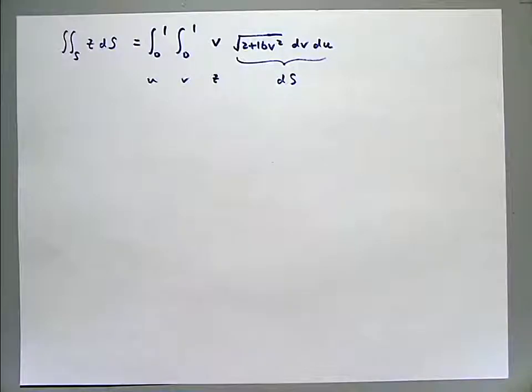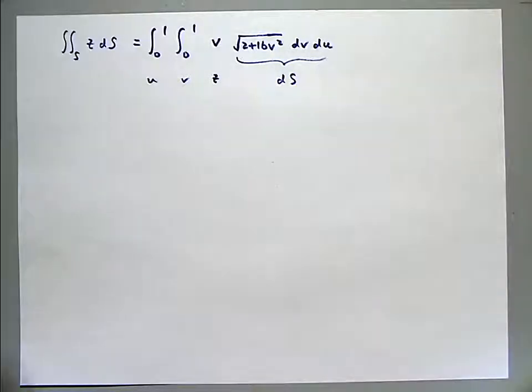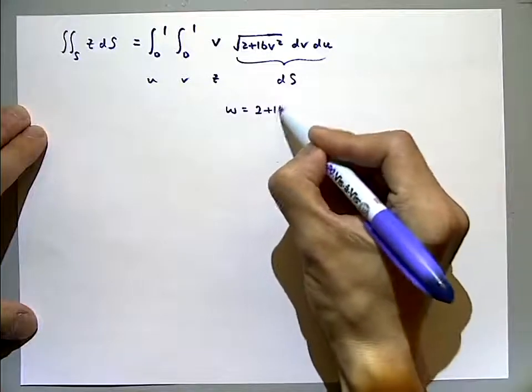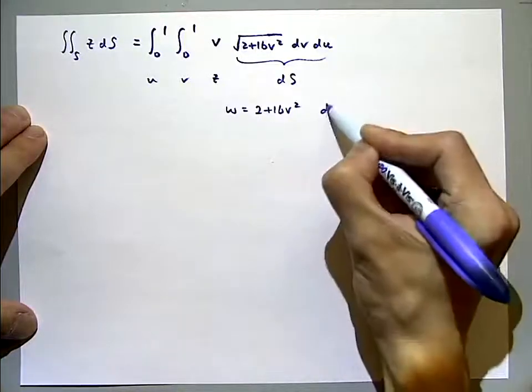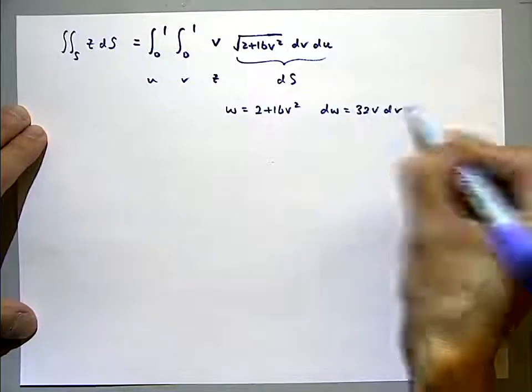How do we integrate this? Substitution. And you don't want to use u here, you're going to confuse yourself mightily with the other u. So let's use w. Let w be 2 plus 16v squared. So dw is 32v dv.